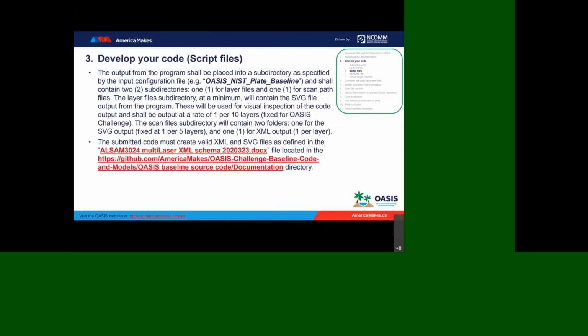The layer file subdirectory at a minimum will contain the SVG file output from the program. These will be used for visual inspection of the code output and shall be output at a rate of 1 per 10 layers. This is fixed for the OASIS challenge. The scan file subdirectory will contain two folders, one for the SVG output, fixed at 1 per 5 layers, and one for XML output, 1 per layer.